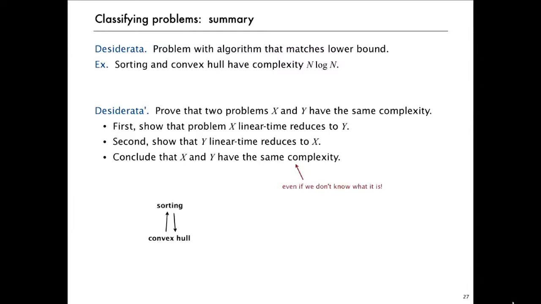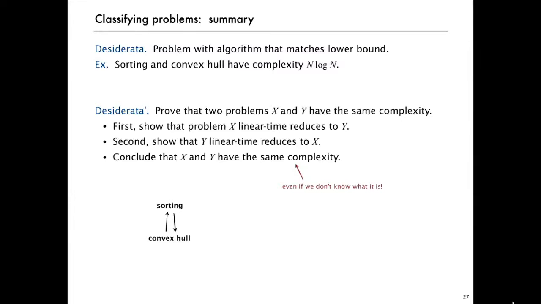And this is what we just did for sorting and convex hull. In this case, we know that both of them take time proportional to n log n, but reducing one to the other in both directions shows us they're equivalent with respect to computational requirements.